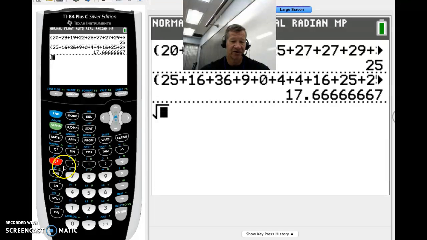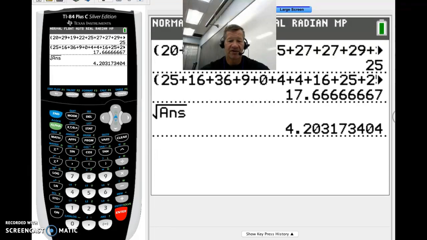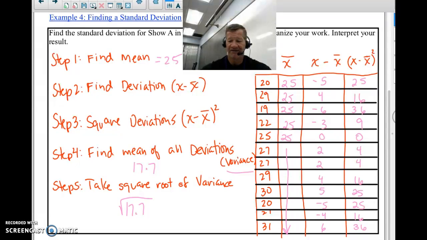Square root of this answer is what I want, so I'm going to go second answer. And that gives me 4.2. So what I have here finally is my standard deviation, and my standard deviation is 4.2.